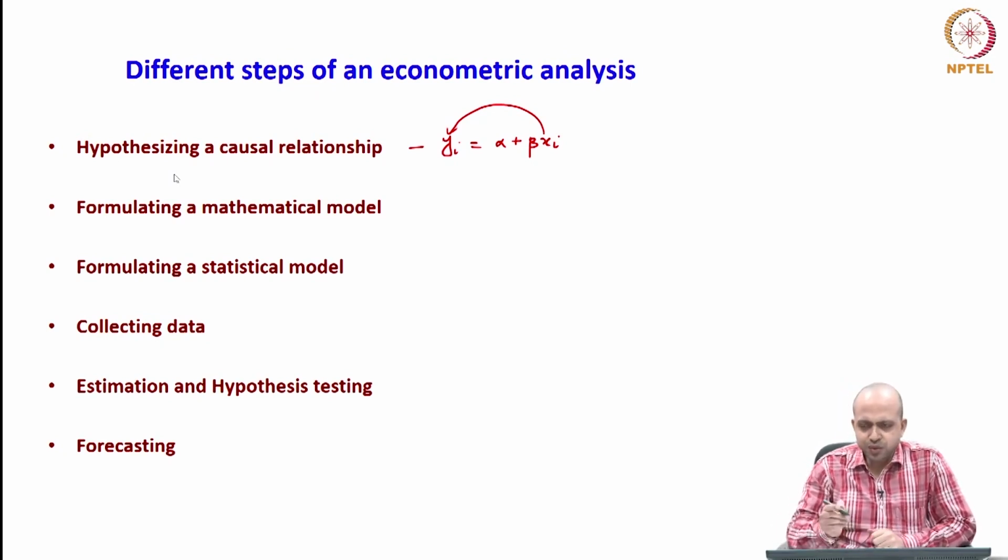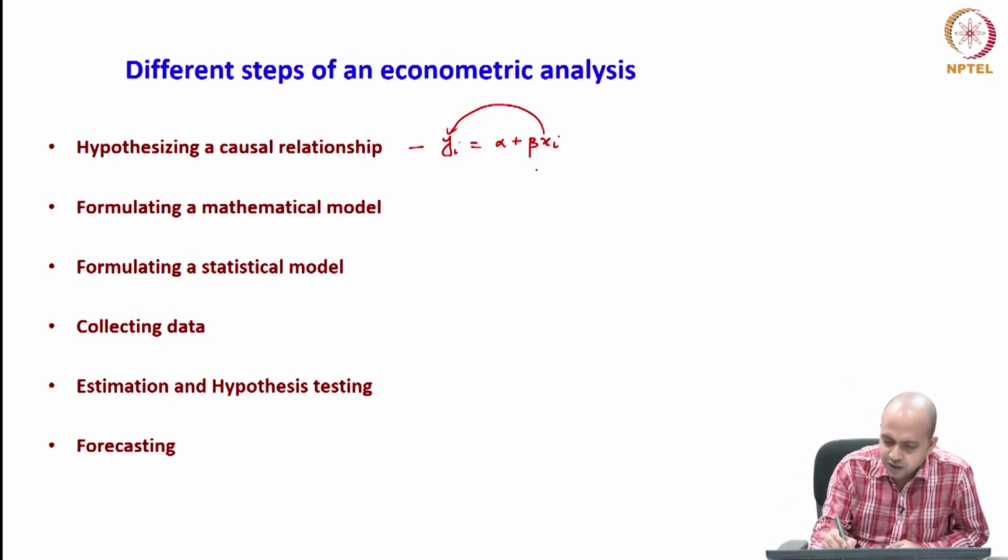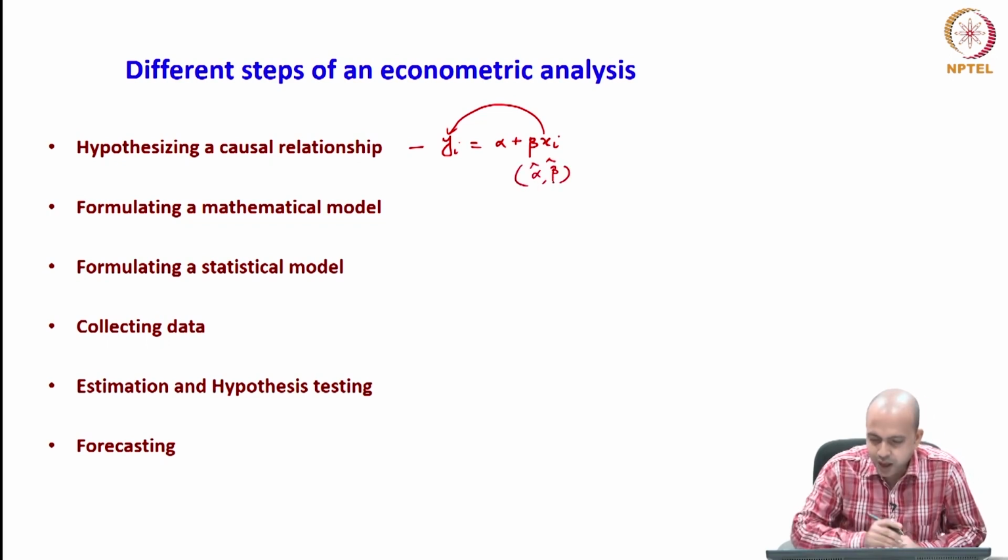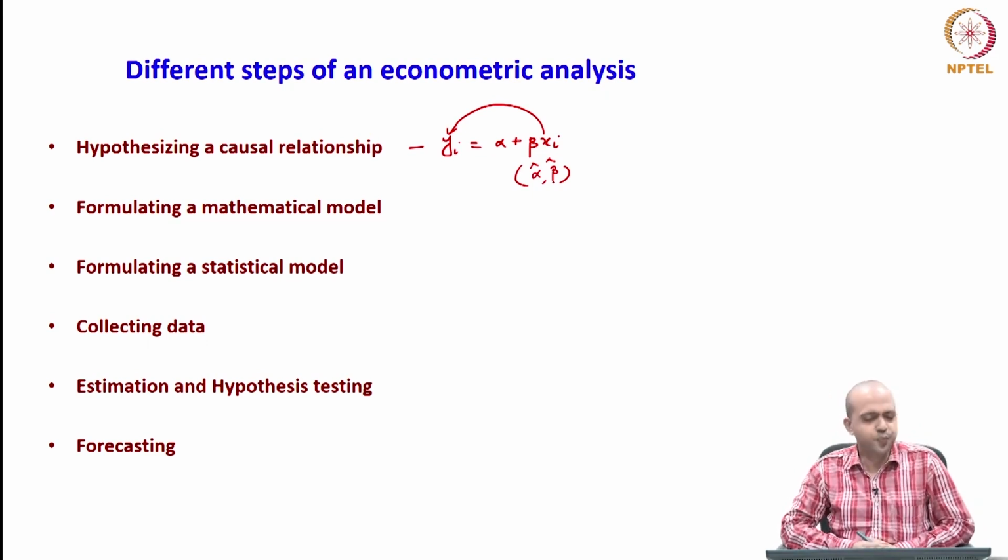That means, if you estimate this model, you will get alpha hat and beta hat as the estimates of alpha and beta. So, once you estimate your model, if I tell you some value of x, let us say 600 rupees, then you would be able to exactly predict what is going to be the individual's consumption.